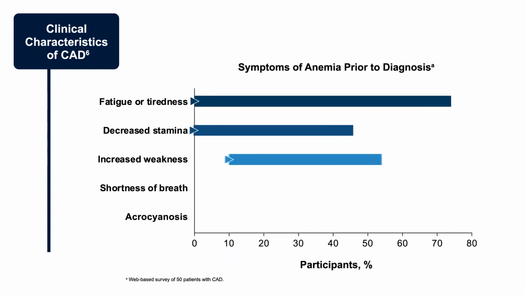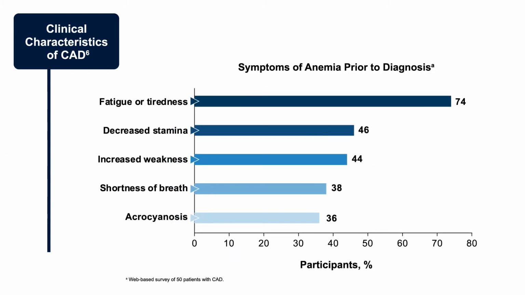In patients, symptoms of anemia are particularly pronounced. A vast majority of patients, 74% in this particular study, complain of fatigue or tiredness prior to their diagnosis. Almost half are going to complain about decreased stamina or weakness, and a full third or more are going to complain about shortness of breath.